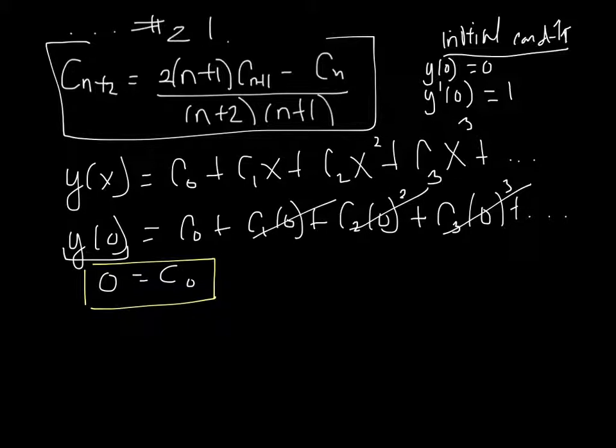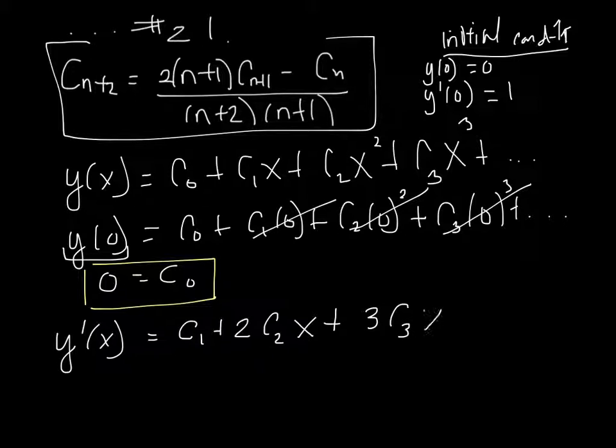Our second one is pretty easy. This is again a good review of using your initial conditions. y prime of x is c1 plus 2 c2 x plus 3 c3 x squared plus dot dot dot.